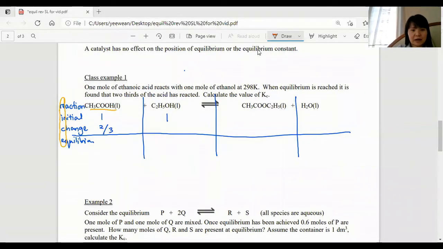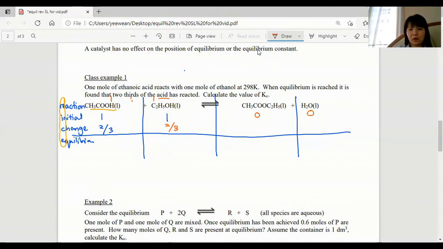Those are the information that we had from the question. Now we're going to fill in those that we don't have from the question. It didn't mention that there was any ester, and it didn't mention that there was any water. If 2/3 of a mole of acid has reacted, and we know that this is 1:1 from the equation, then 2/3 of a mole of acid is going to react with 2/3 moles of ethanol here.